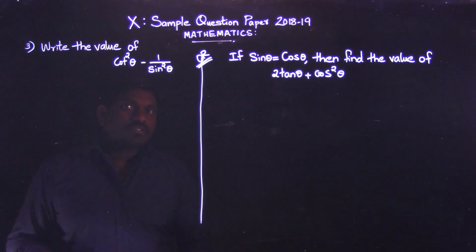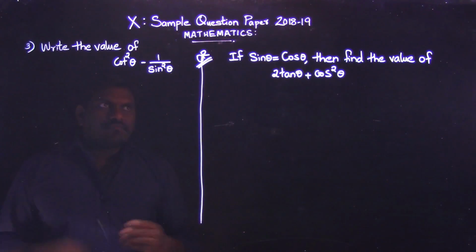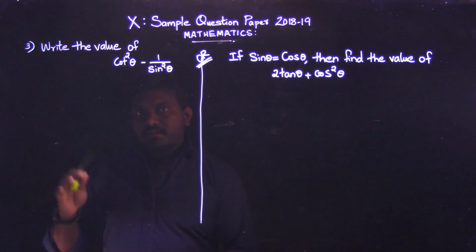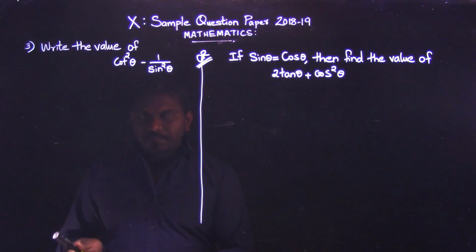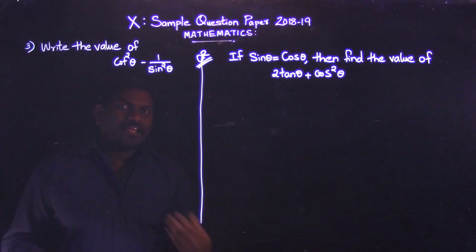You need to know some of the trigonometric formulas or identities, and as well as the values, like sine 30, cos 30, tan 45. All these things you need to know, and learn those tables well. If you have any doubt, ask me, comment. I will help you out with trigonometry wherever you get any problems.